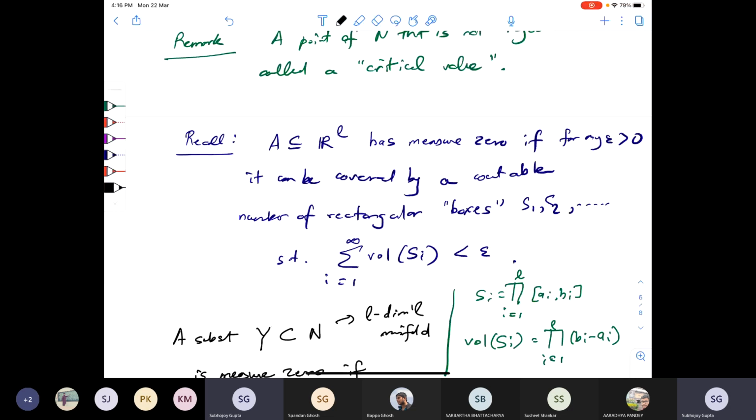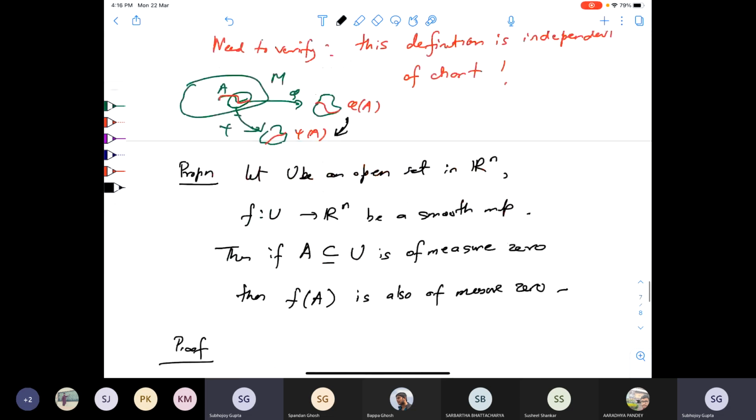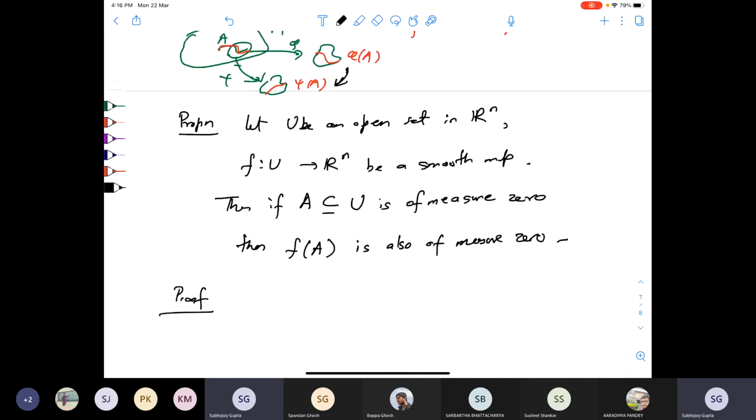Then you'll have to prove that, right? They can be covered by countably many rectangular boxes, etc. So you don't know that. So we are defining measure zero sets this way, and this is what we need to use.